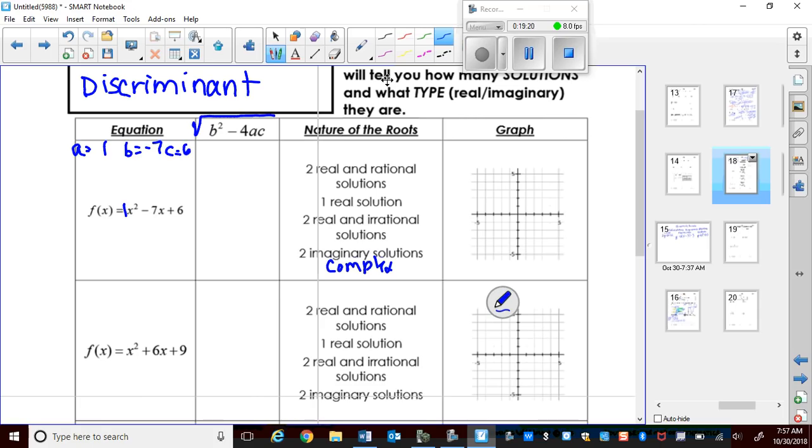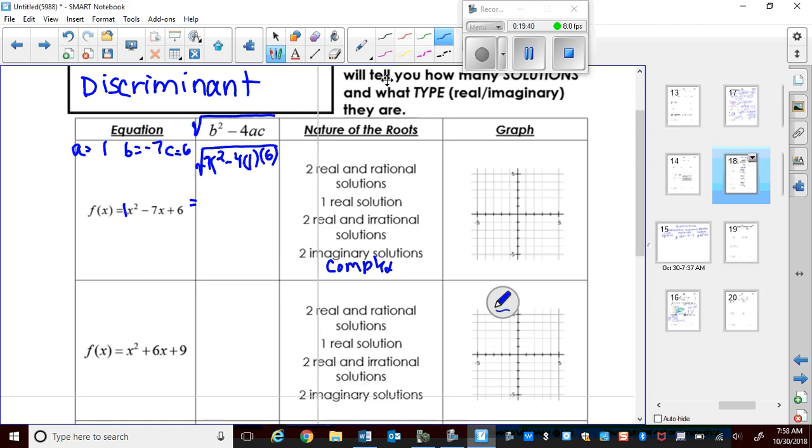So plugging these inside, I get the square root of negative 7 squared minus 4 times A, which is 1, and C is 6.